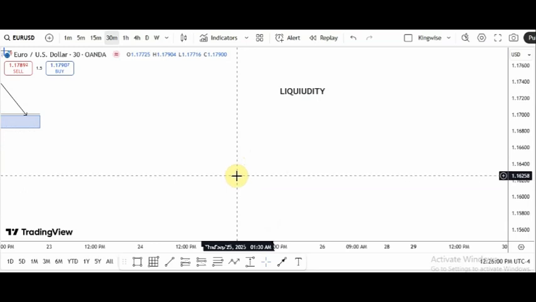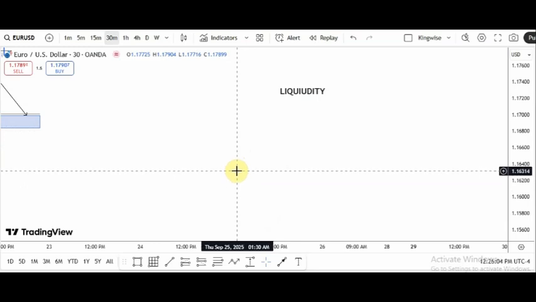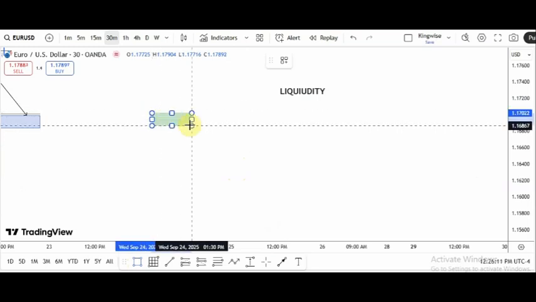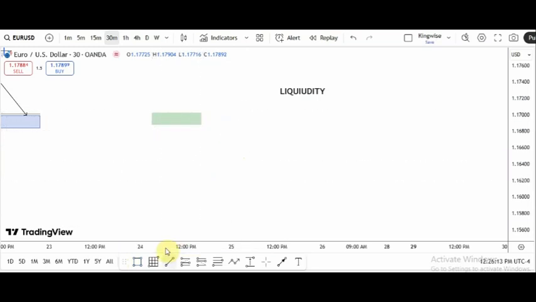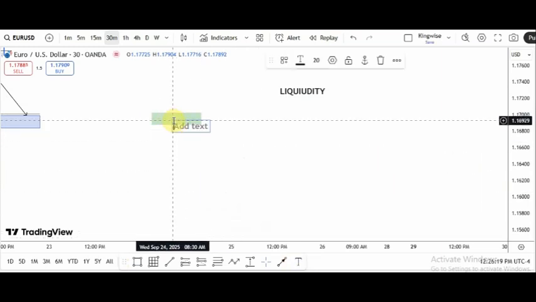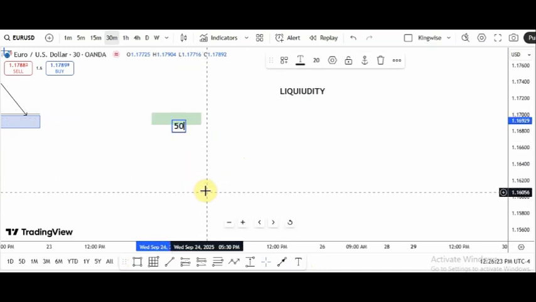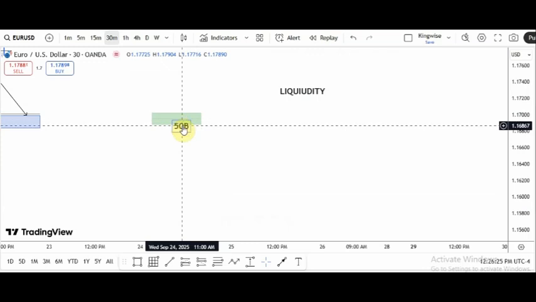Now, what is liquidity? Liquidity is just money, a pool of money, where money is packed. Let's say this is a pool of money. Let me say we have 50 billion naira sitting right here.